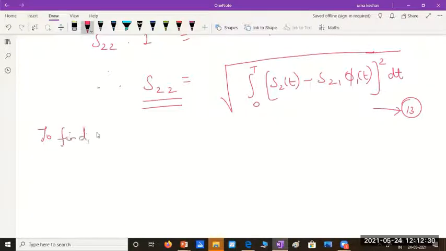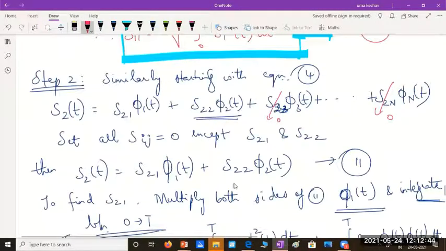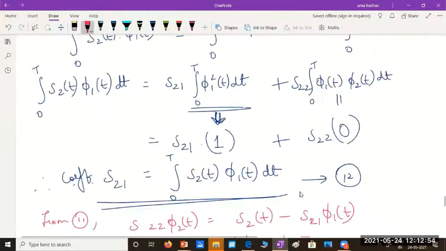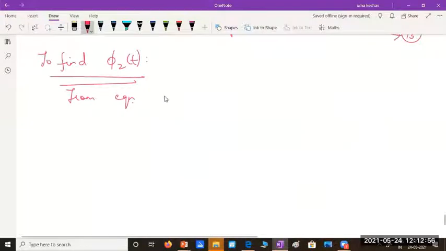The last step here would be to find phi 2. How do I find phi 2 now? From equation 11, we have defined S2 as S21 phi 1 plus S22 phi 2. From equation 11, can you define what phi 2 would be?